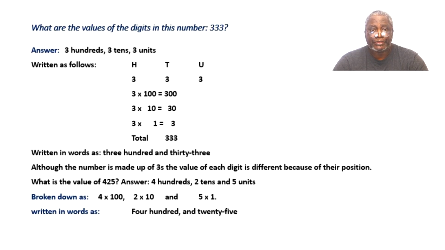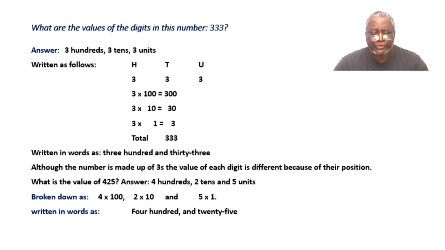Some of you who are as old as I am will remember when you started learning about numbers, you had 3 headings, H, T, and U, hundreds, tens, and units, which we put on that square-ruled exercise book we used to use in those days. So, the 333, you have 1 3 under the H, the hundred, 1 3 under the T, the tens, and 1 3 under the unit.